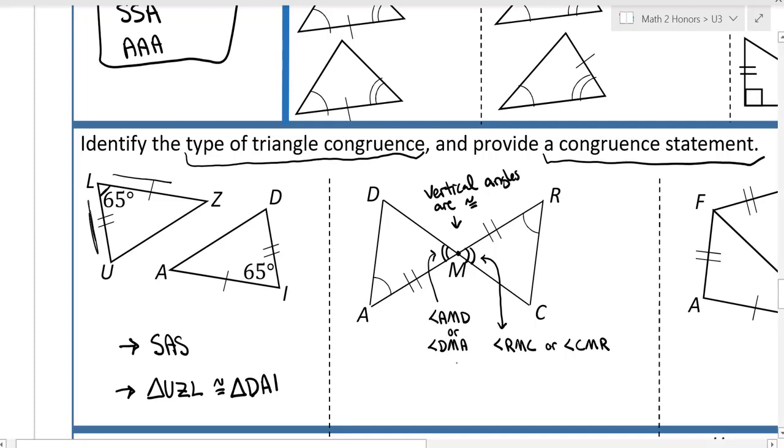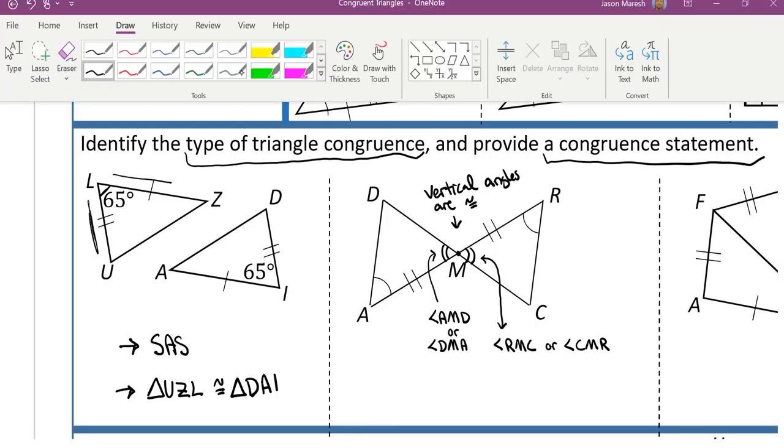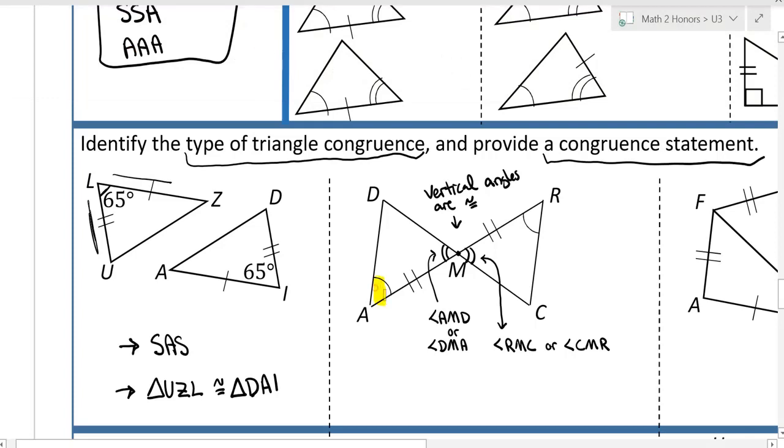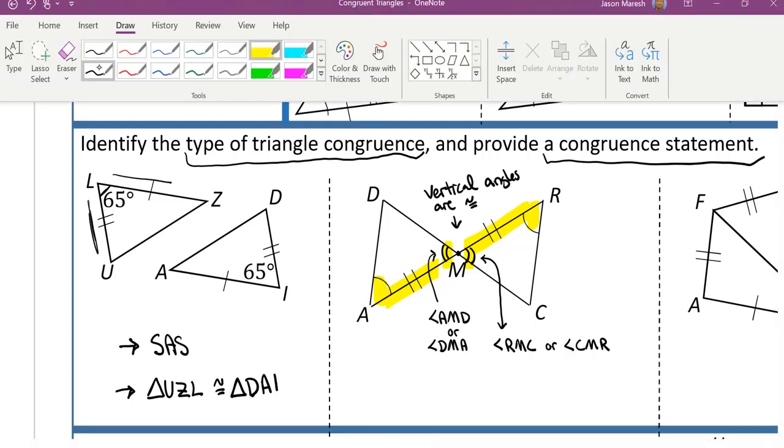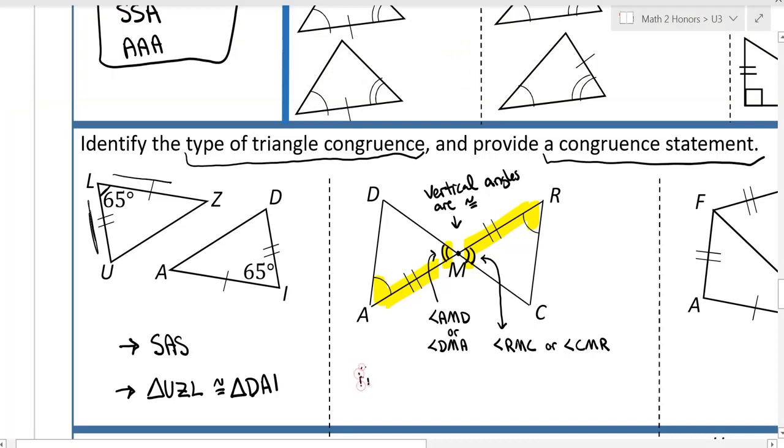So with that said, the first triangle is congruent to the second one because we have angle, side, angle, congruent to angle, side, angle. So that's the type of congruence.